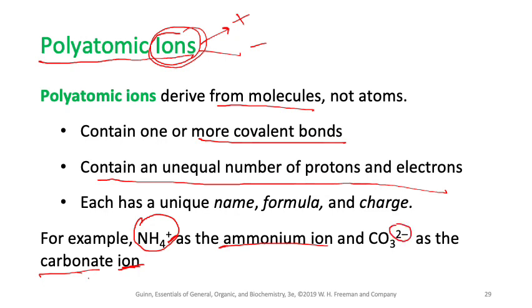Always remember this: in a polyatomic ion, the charge given on the top belongs to the entire molecule. So this -2 charge does not belong just to the oxygen, but to the entire carbonate, CO3. Similarly, this +1 on ammonium belongs to the entire NH4, not just to hydrogen. So keep this in mind.